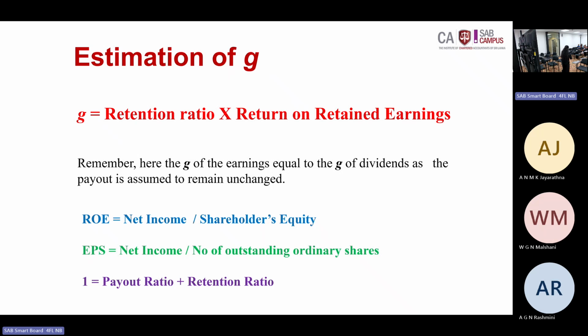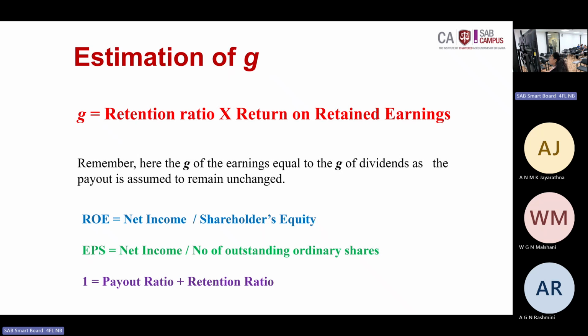If you are an ordinary shareholder and you have purchased 100 shares in a company with 1,000 shares, and their net profit this year is 1 million, how can we identify the per share earning? 1 million, that is our net income, divided by 1,000 total shares. 1 million divided by 1,000 means it is 1,000 rupees. That is the capacity of one share to earn some return, reflected by the earnings per share.